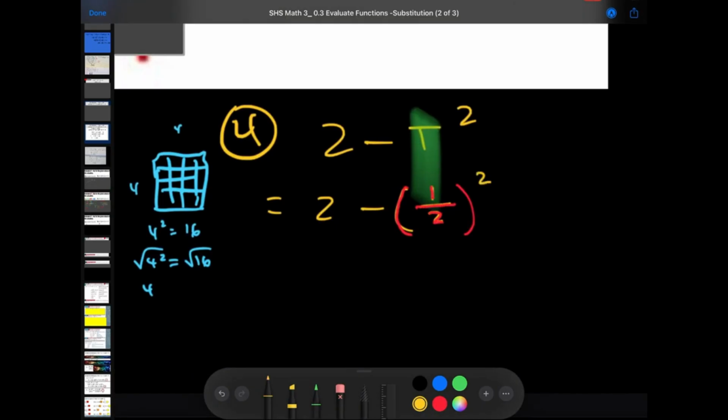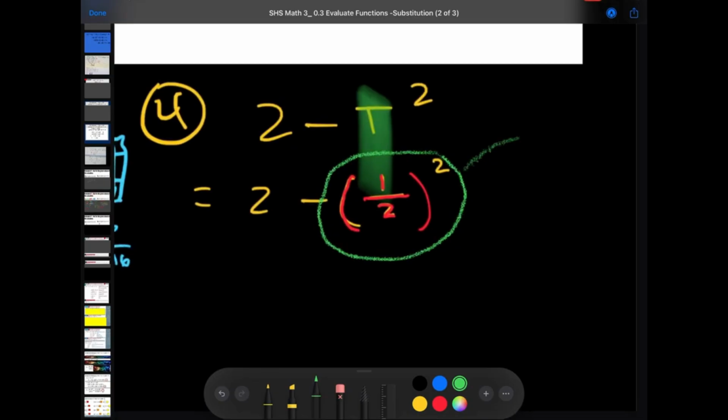Partner B tell partner A, what does it mean when something's squared? What math operation? Class, what math operation? Is it 1/2 plus 1/2?